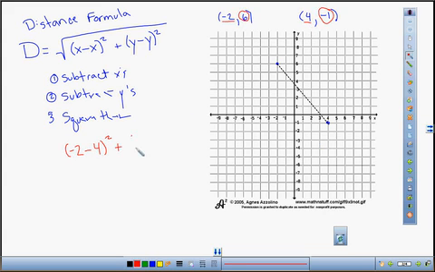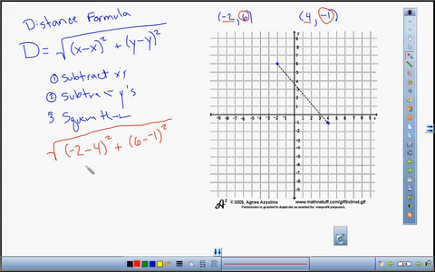Always be careful when subtracting negative numbers. 6 minus -1. What's minus a negative? Plus a positive. So do be careful about that. And then we're going to take the square root. I do give a strong warning of not trying to do this in one step on your calculator. Doing it in one step on your calculator will definitely cause some problems.